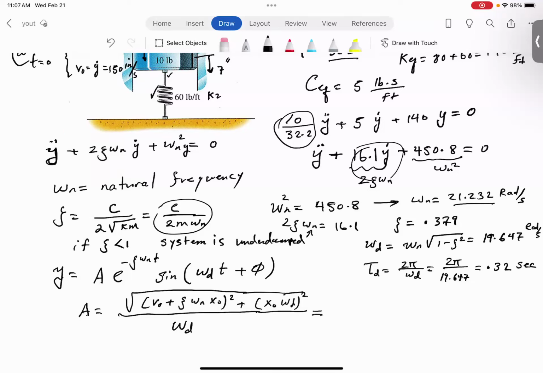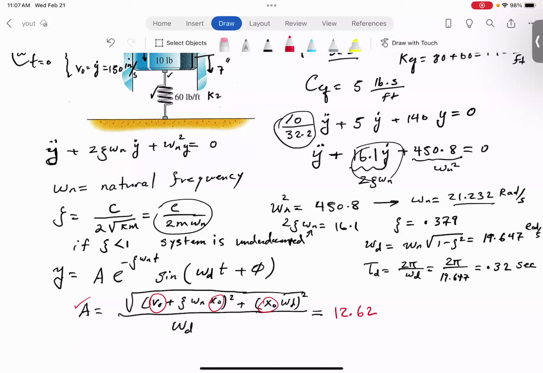If you plug in 150 inches per second for v0 and 7 inches for x0, and as long as you're consistent with the units, you don't have to change to feet per second or feet, what you get out of this is in inches. It looks like it comes out to be 12.62 if I'm not wrong.